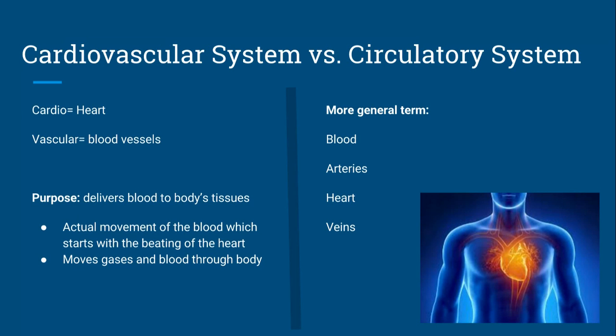You're also going to hear the word cardiovascular system, so I wanted to break these up for you. We just talked about the circulatory system, and this is a more general term. This is talking about your blood, how it flows throughout your body, your heart, your arteries, and your veins. When you hear someone say cardiovascular system, I broke down the word, just like we've been practicing in literacy.